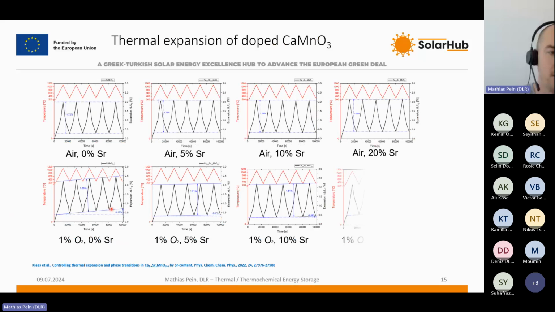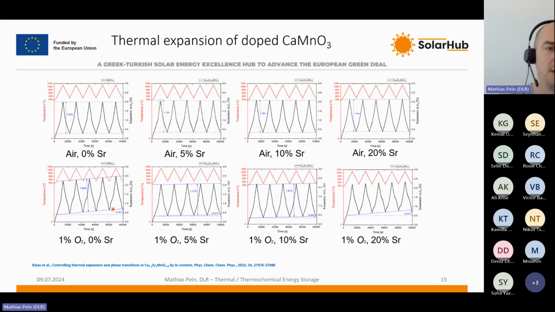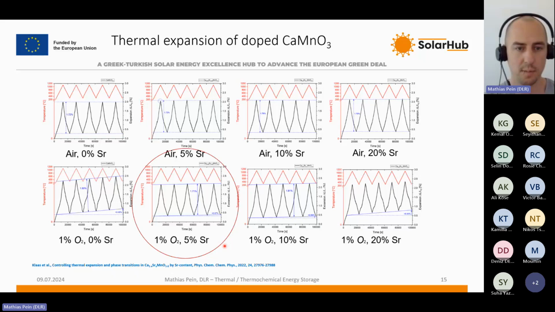But this can be reduced, if not even diminished, by adding a small amount of strontium to the composition, where you can see there's a significant decrease in this permanent expansion per cycle, and also this permanent expansion can be reversed by cycling this component one time at higher oxygen concentrations, such as air.